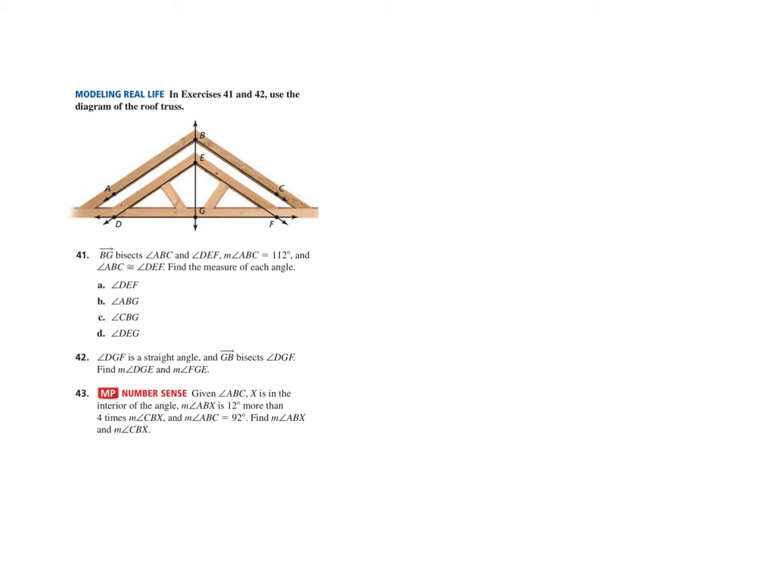All right, real life here. Roof trusses. 41, BG bisects ABC. So here's, let me do yellow. Here is the ABC angle, and here's your bisector. So this angle and that angle are equal to each other.